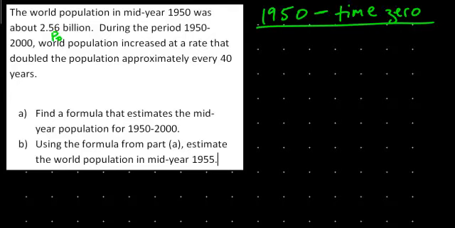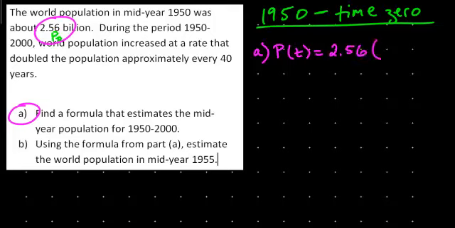So to get part A, part A here says find the formula. So we're going to say P of t equals my initial condition there, 2.56. And this thing is going to double. It doubles every 40 years.